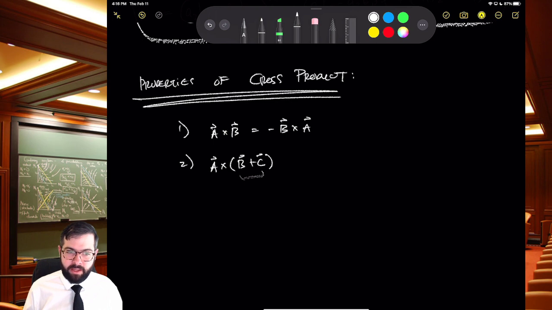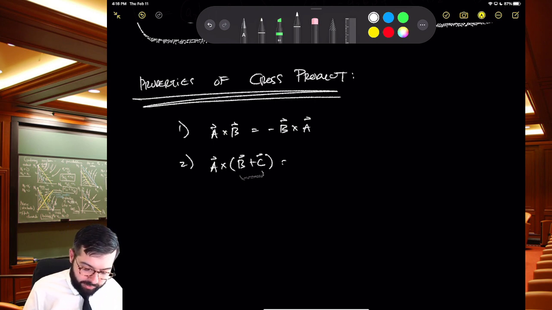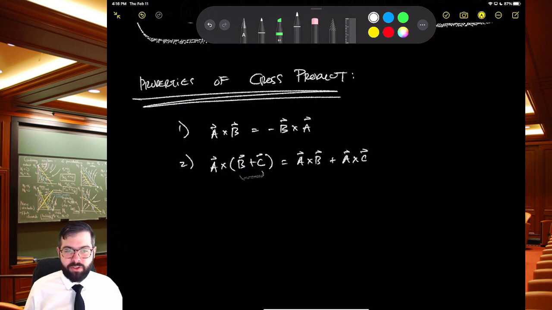You still get a vector, a resultant vector. And so A cross that makes sense. And so what it's going to end up being is actually A cross B plus A cross C, which is nice. So you can kind of see, it distributes over addition, over vector addition. So it's kind of close to multiplication.